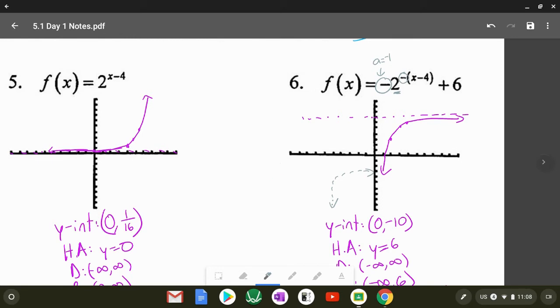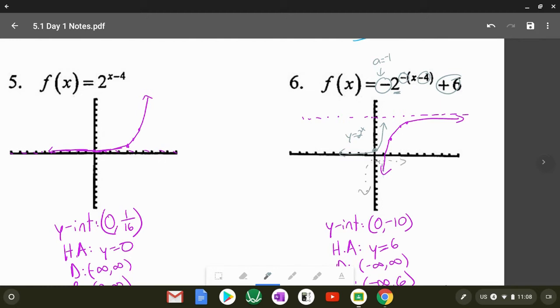We have a vertical reflection and a horizontal reflection, but then even more after that, we ended up taking that graph that was reflected two ways, and we shifted it right. So we went from here, this was the y equals 2 to the x graph, right? We flipped it over the x-axis, and then we flipped it over the y-axis.